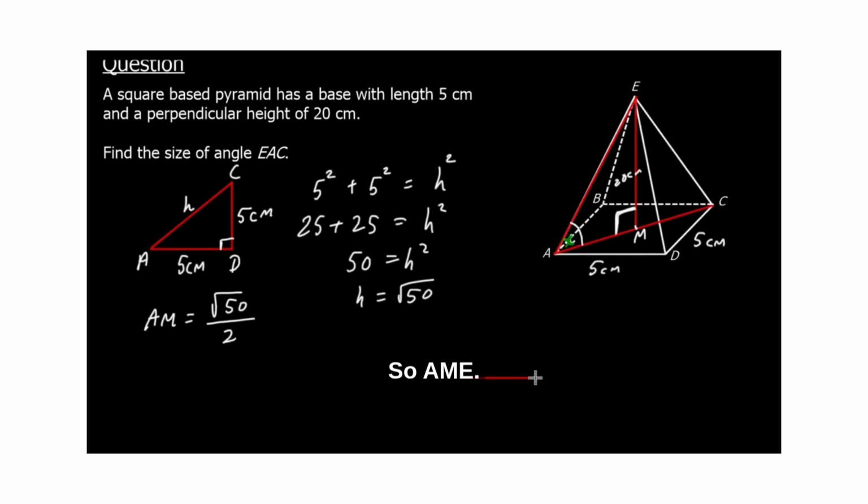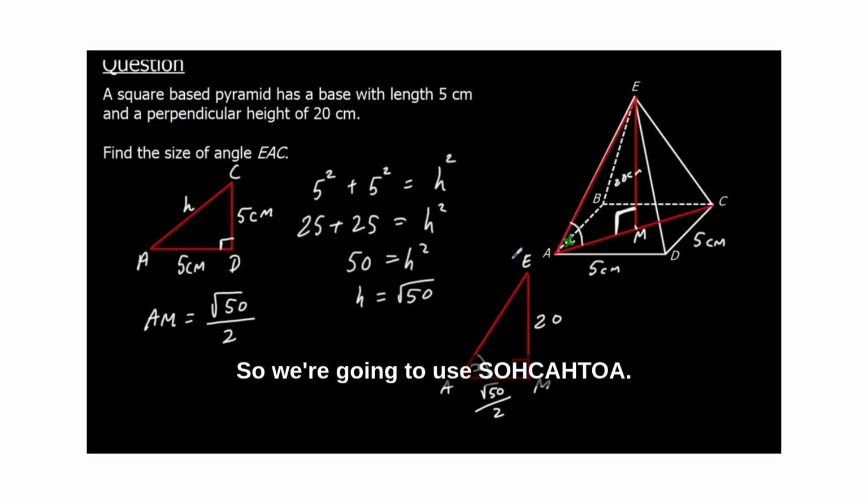So AME is our right angle triangle. We know it's 20 centimeters tall, and A to M is root 50 over 2. We're finding angle X. So we're going to use SOHCAHTOA.